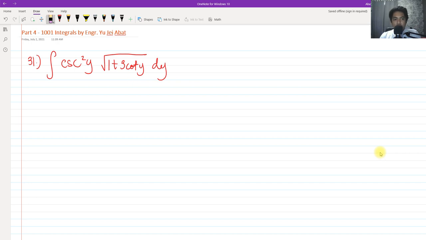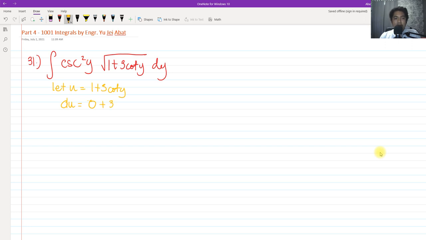So if we are going to let u be the function that is inside the square root, we have 1 plus 3 cotangent of y. Get the derivative of u with respect to y. So we have 0 for the derivative of 1, and then we have plus, or I mean that becomes minus because of the derivative of cotangent.